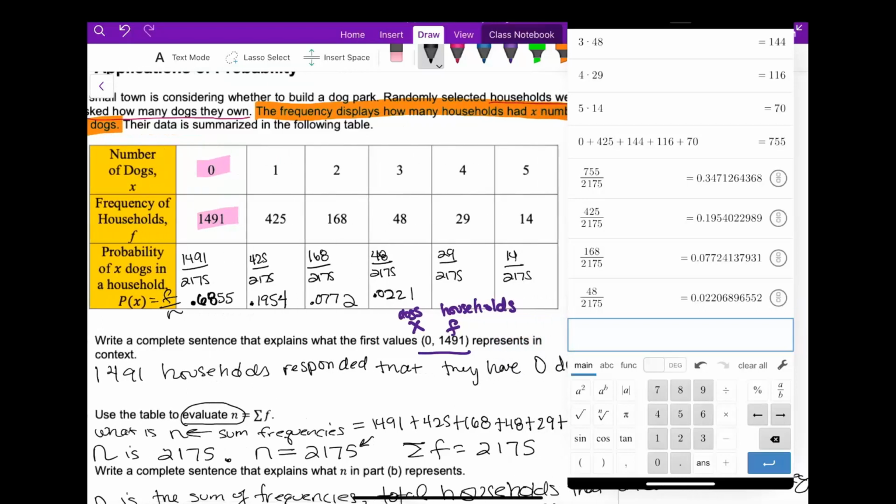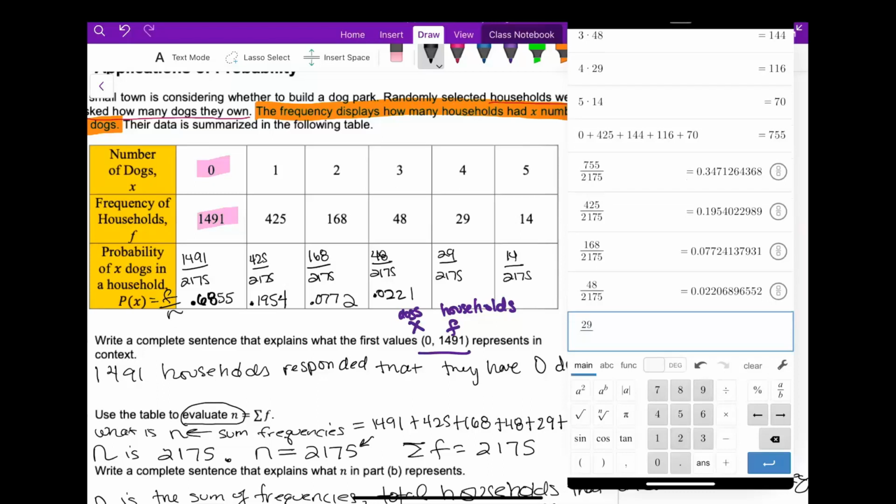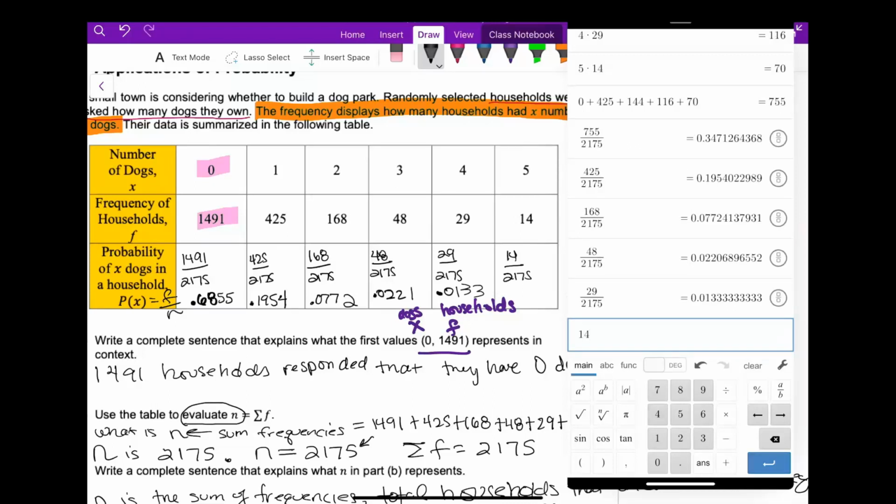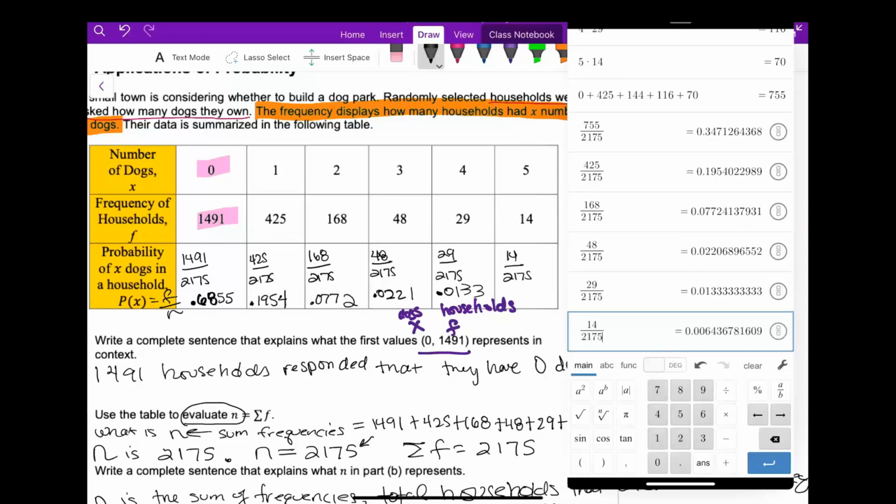Remember, there's only staying at the same number or going up 1. There's no such thing as getting smaller. So we have 2, 9, 21, 75. We have 0.013333. So we're going to stay at 33. Last one. We have 0.0064.